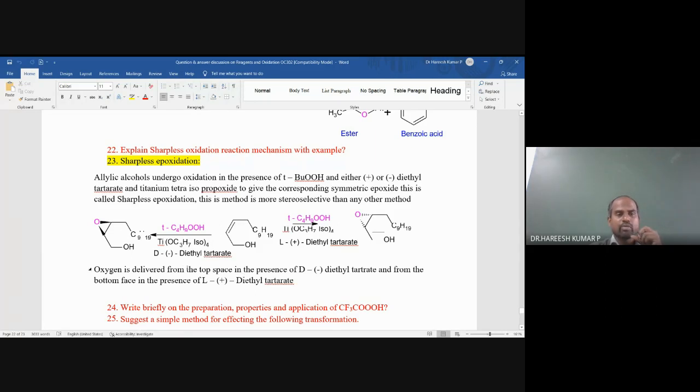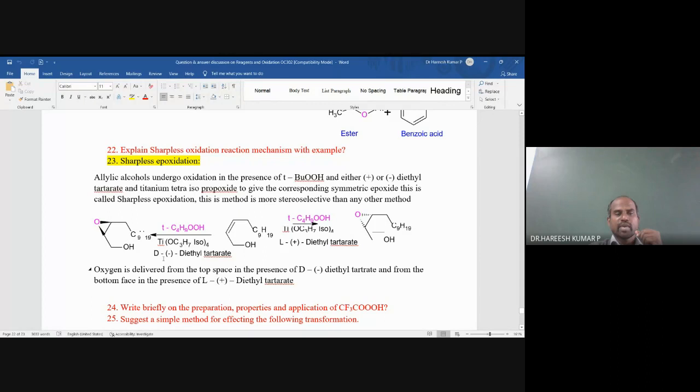I will tell you how stereospecific epoxides are formed when you take dextrorotatory or levorotatory diethyl tartrate. For Sharpless epoxidation, you need to remember that it is a conversion of allyl alcohol into epoxy alcohols. The stereochemistry of the epoxide depends upon the plus or minus of diethyl tartrate.